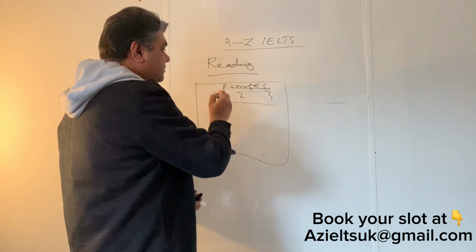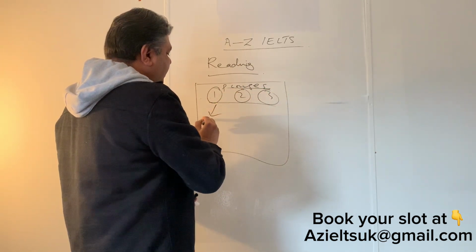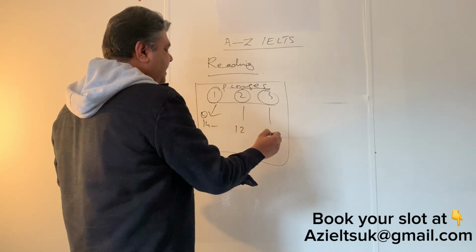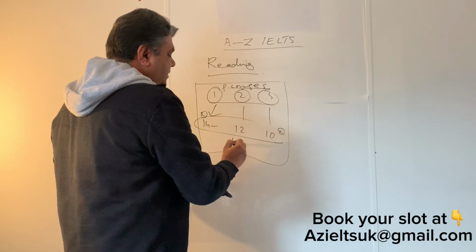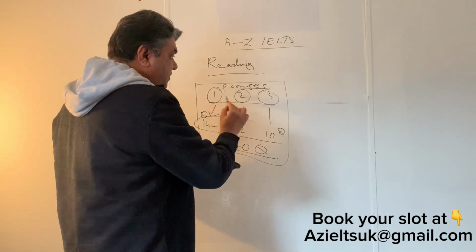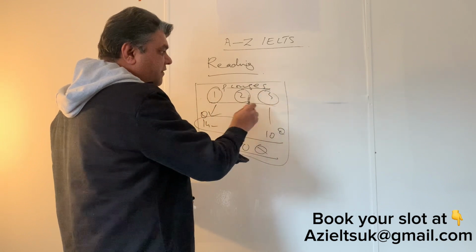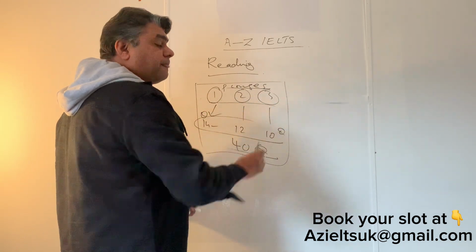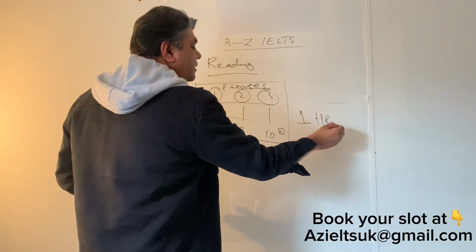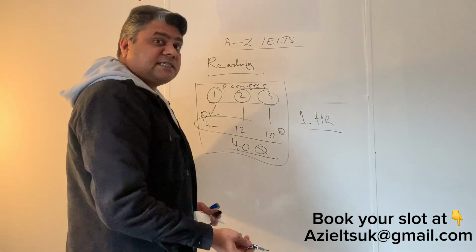You read them one by one, but the passages will be given together, and there may be 14 questions, 12 questions and 10 questions, but altogether there are 40 questions. Just like listening, you need to answer from these 3 passages, and there will be different competency and difficulty levels in all 3 passages. You will have altogether 1 hour, including shifting your answers onto the answer sheet.